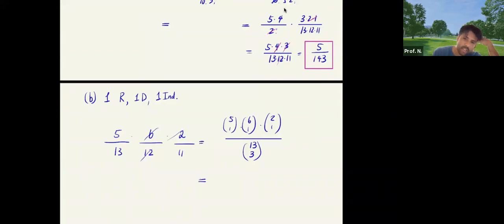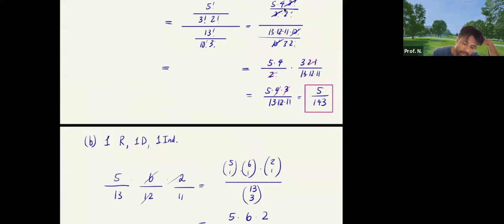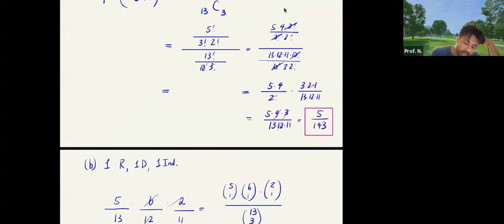I am missing, we took 1 from, yeah. So let me look at this first. This is 5 times 6 times 2, and this would be 13 factorial over 10 factorial and 3 factorial. And we already know what this is going to look like.